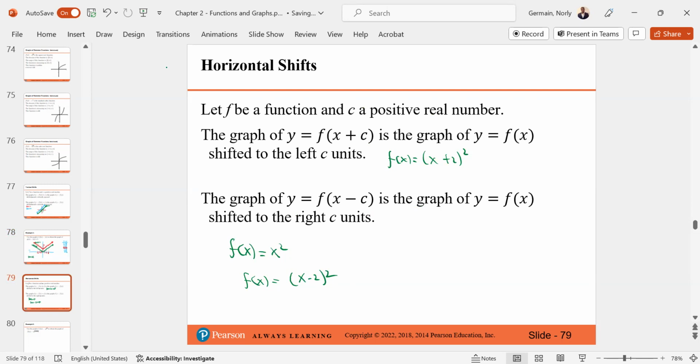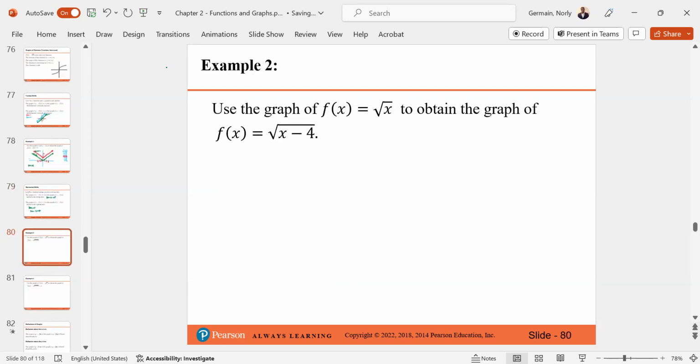How can we do that? Many functions. The first one, let's go with an example right here. This example asks you to graph f of x equals square root of x. The first thing to do at this point is construct a small table of x and y.